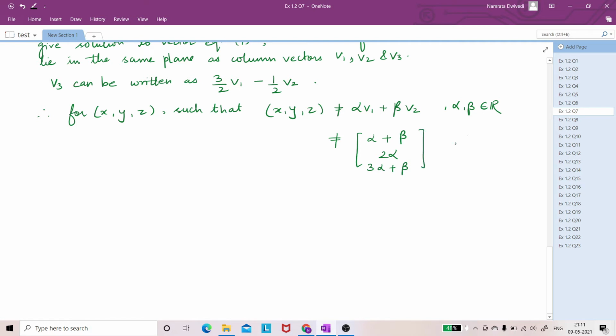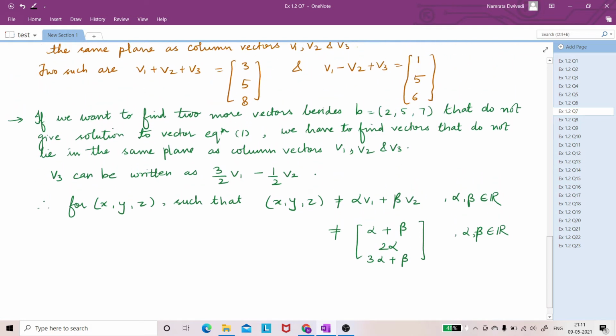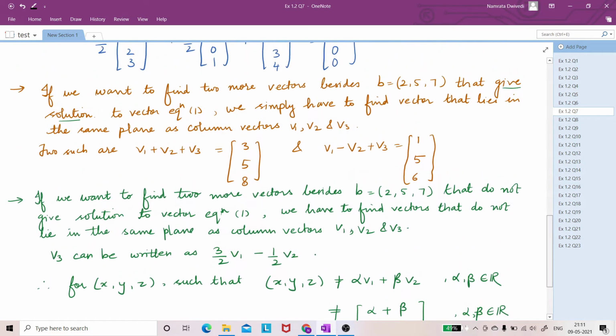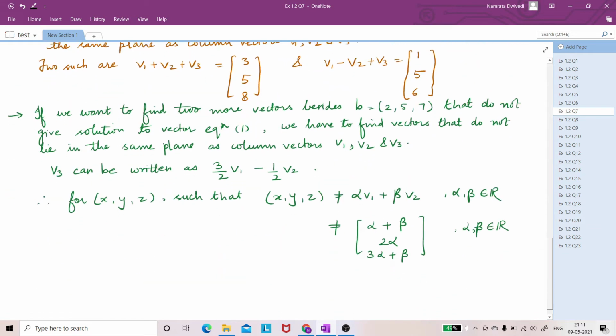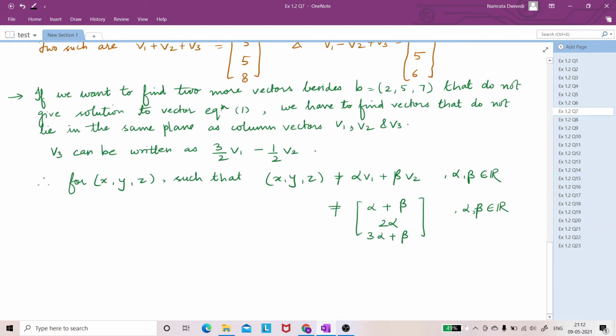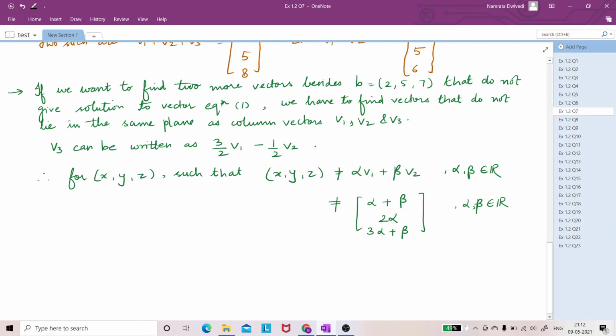We are simply substituting these values. V1 was 1 2 3 and V2 is 1 0 1. We have simply substituted this value and we have got this answer, so there's no need to worry.